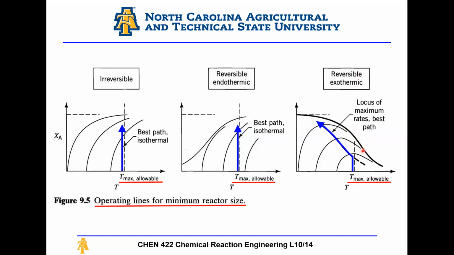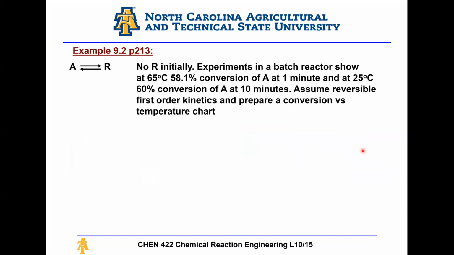Okay, so let's have a look at an example here. This is example 9.2 from your book, page 213. In this example, I have A going to R and R going to A, forward and backward reaction.